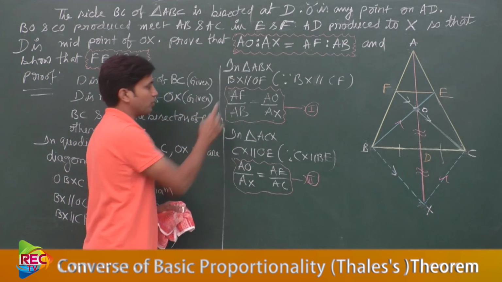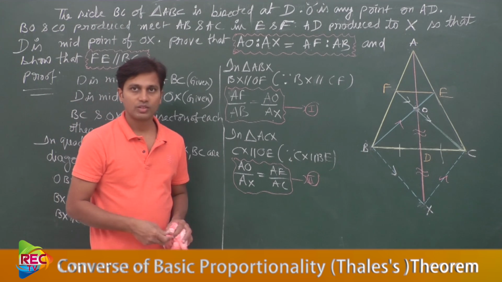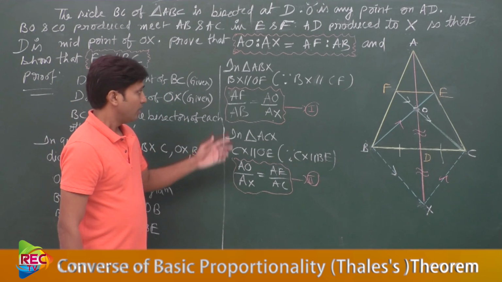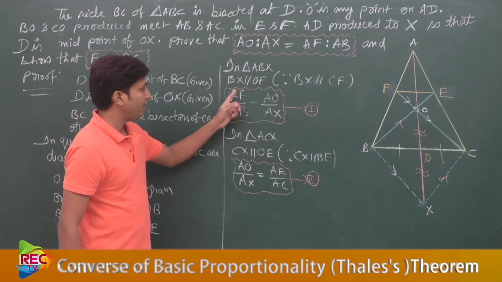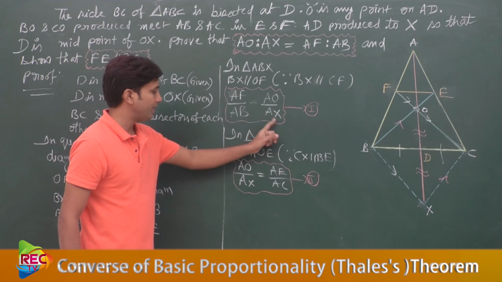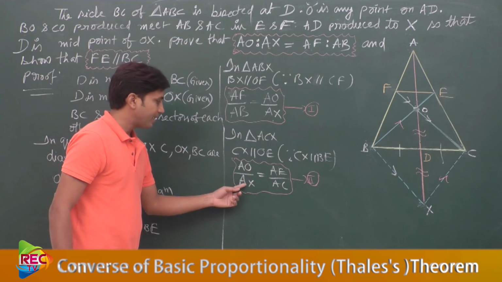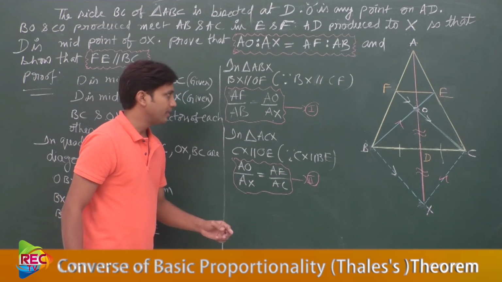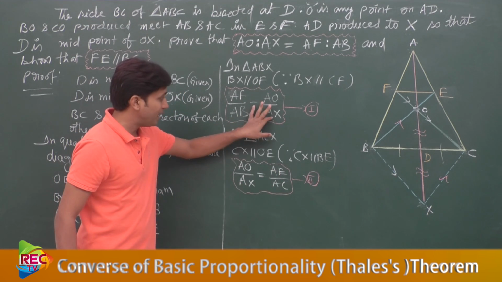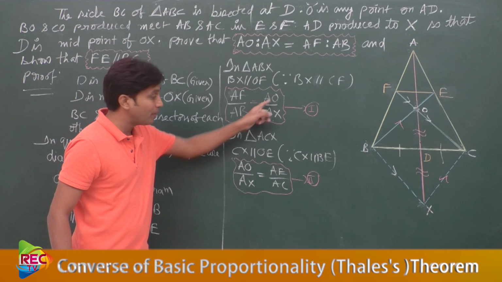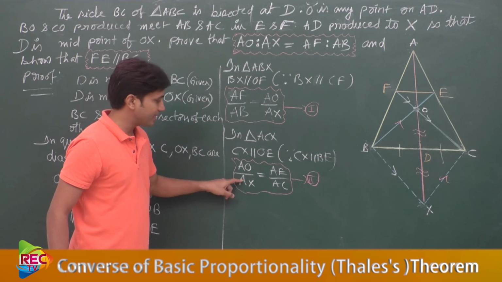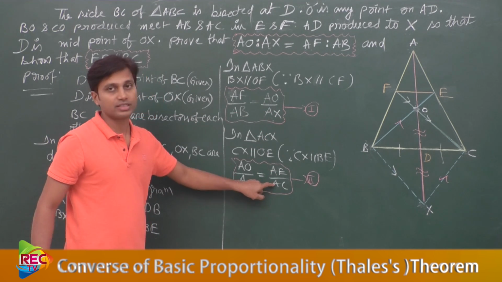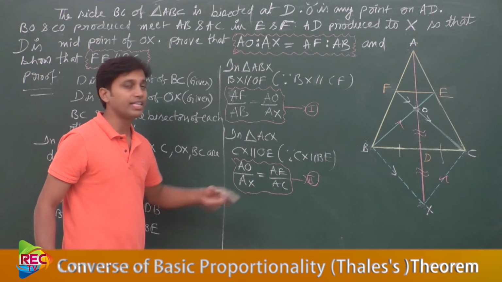If you combine these two conditions, what do you obtain? In condition 1, we got that AF by AB equal to AO by AX. Again, AO by AX equal to AE by AC. So therefore, here AO by AX is commonly equal to two different factors. So these two are equal again, or not?